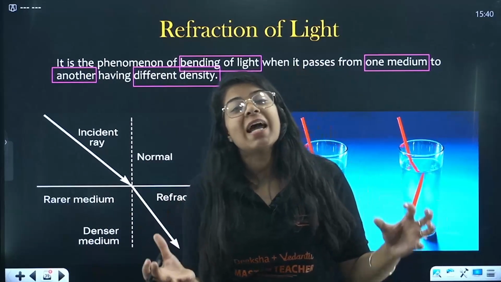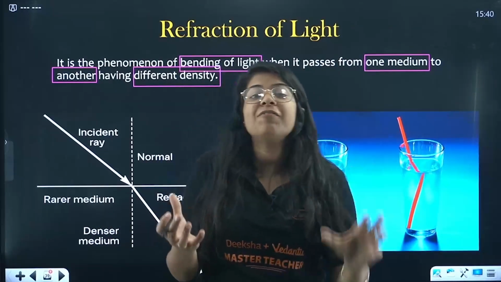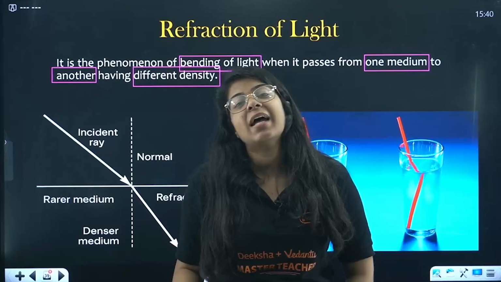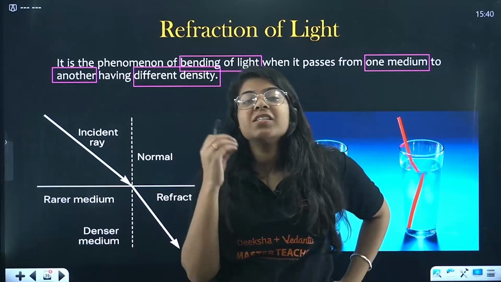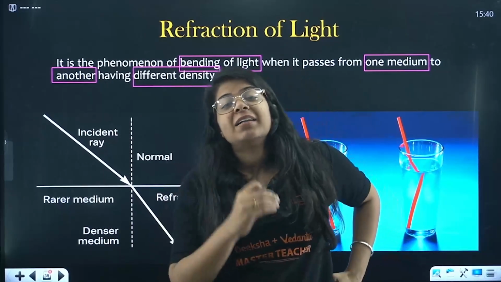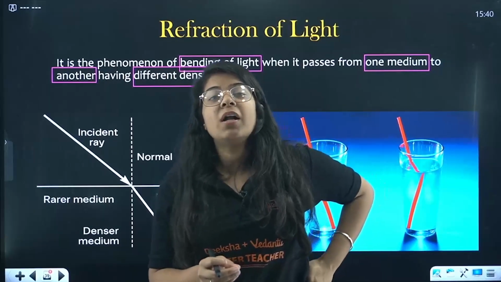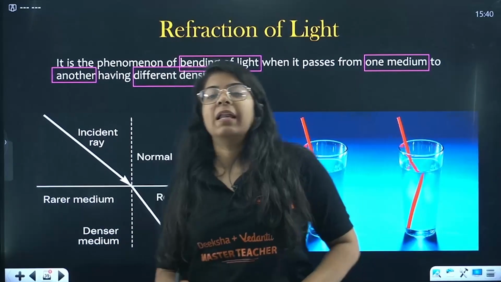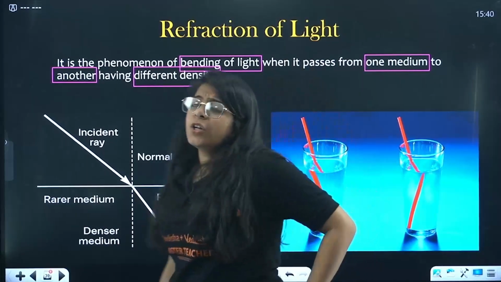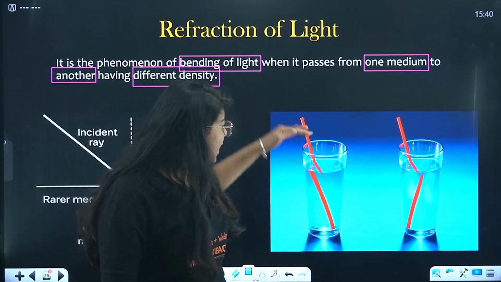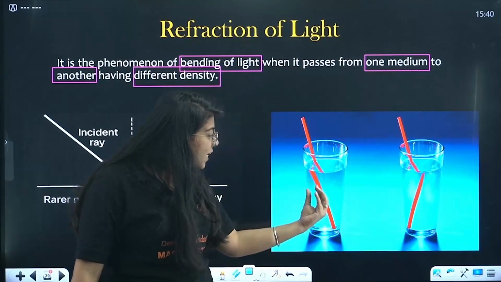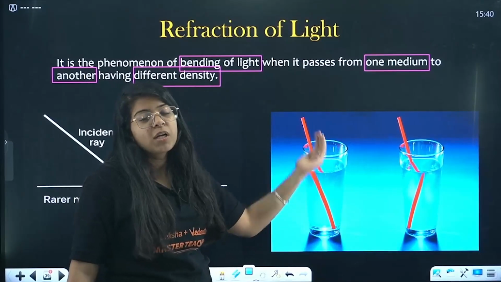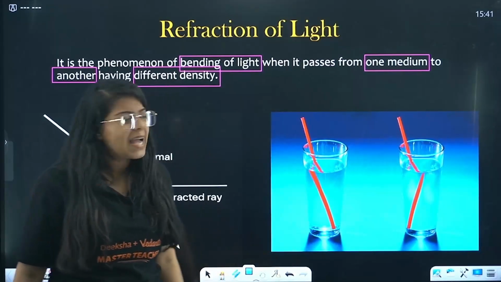So whenever light changes to a medium which has a different density, it bends. So the bending of light when it changes medium having different densities is called refraction of light. And you have probably seen these things, right? You put a straw. Now what is happening? The light from this straw inside the water is coming outside the water, then going into our eyes, right?